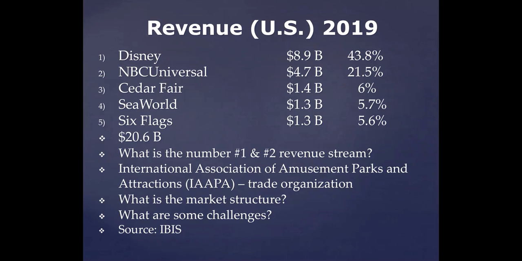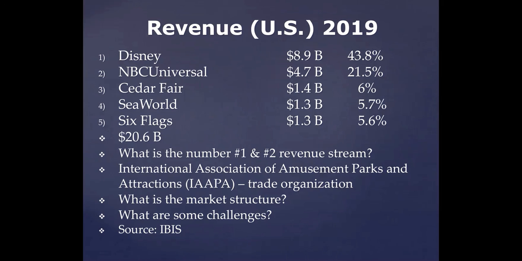The International Association of Amusement Parks and Attractions, IAAPA, is the trade organization that oversees the industry. The market structure for the industry, both on the production side as well as distribution side, are both oligopolies. Well, I should say an oligopsony when it comes to production and an oligopoly when it comes to distribution.